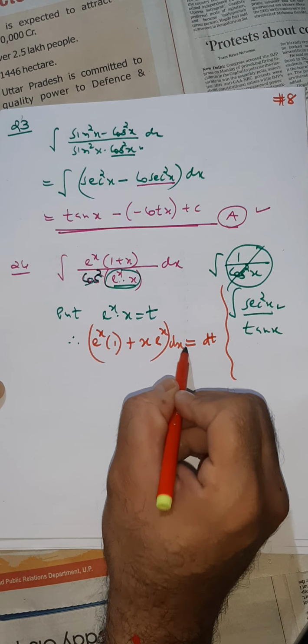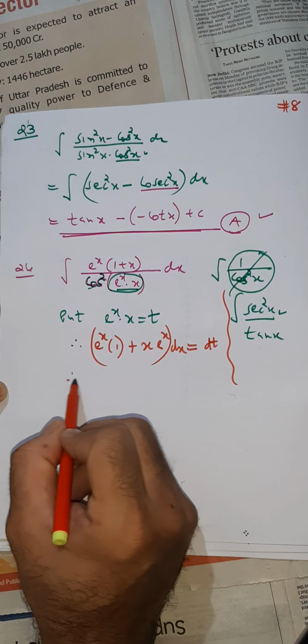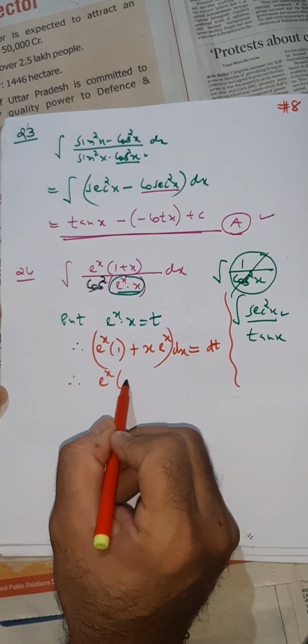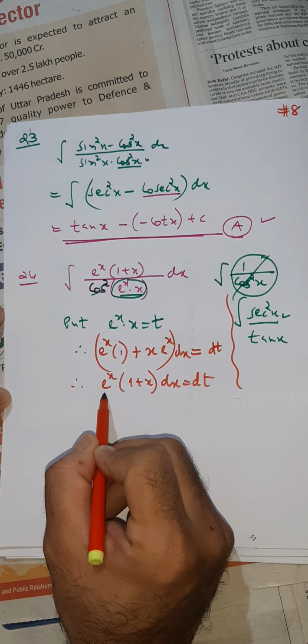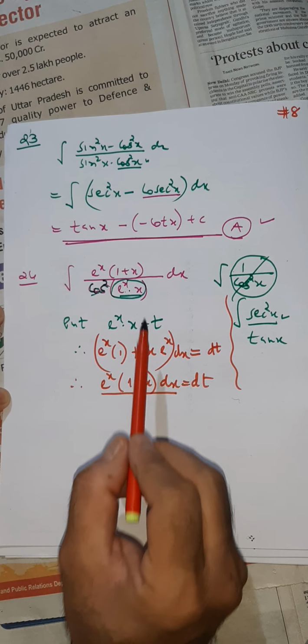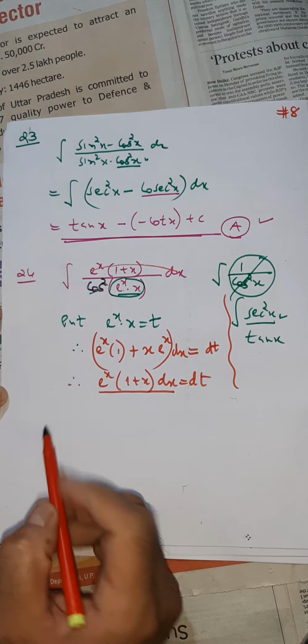But dx I'll take on the left hand side. So we have this. Take e raised to x common, inside the bracket you will get 1 plus x, dx equals dt. Now you see this much is entirely the numerator expression.